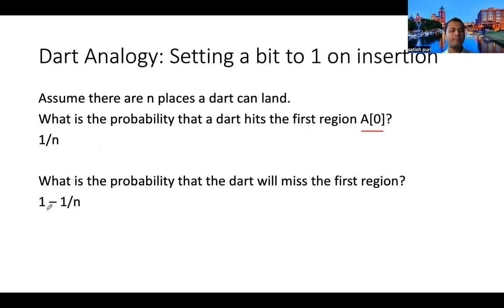We also saw an example where the total probability was 1, and we subtract the event's probability to get the probability of the event not happening. That's what is happening here. What is the probability that the dart will miss the first region? That's A0: 1 minus 1 by n, the probability of that event not happening.